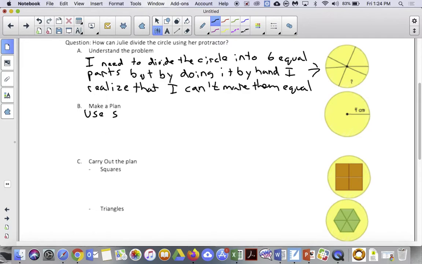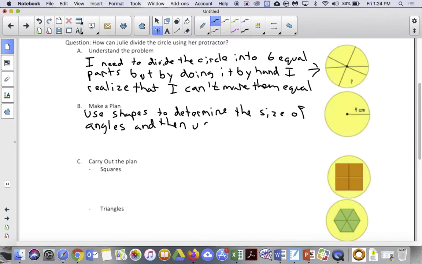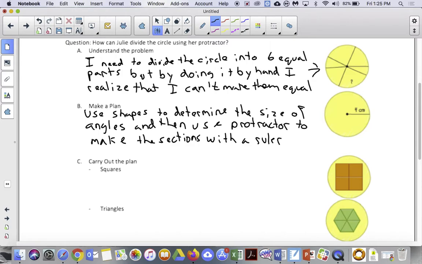So what I'm going to do is use shapes to determine the size of the angles because I don't know.